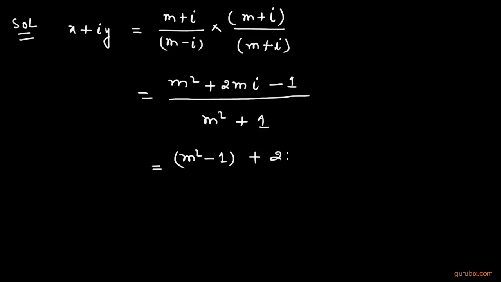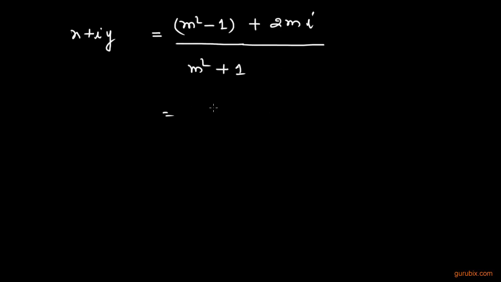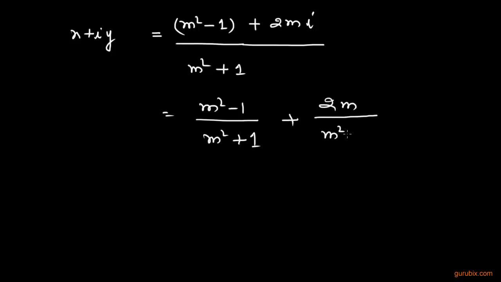plus 2m iota over m square plus 1, and here is x plus iota y, and we can write it as m square minus 1 over m square plus 1, and here is 2m over m square plus 1, and here is iota, x plus iota y.